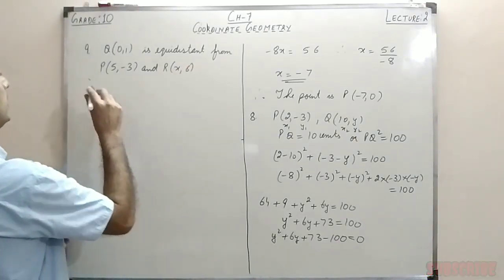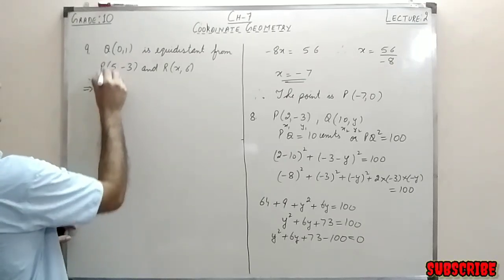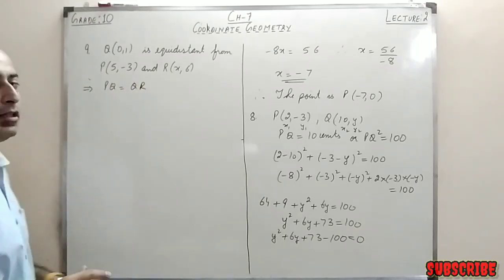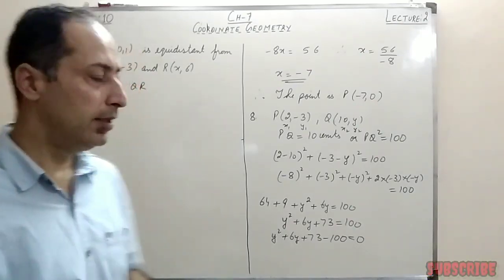Now, this means that PQ is equal to QR. That is, the distances of Q from P and R are equal.